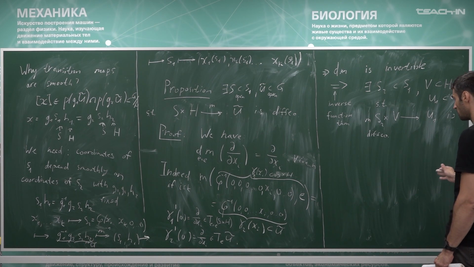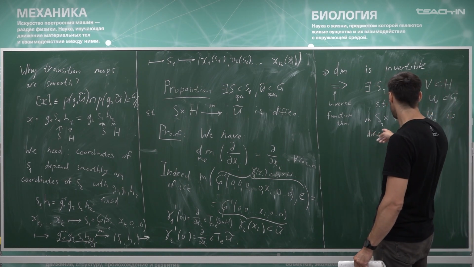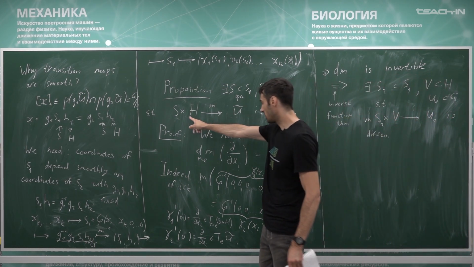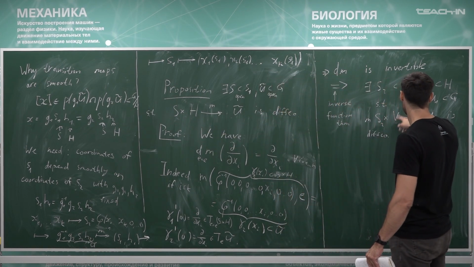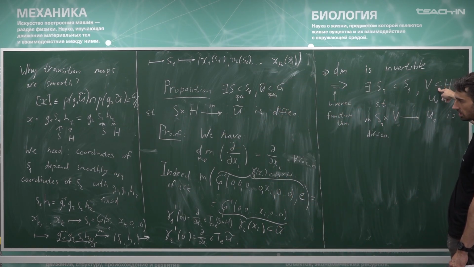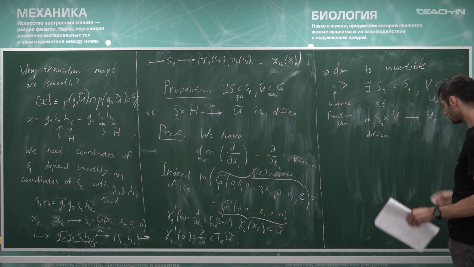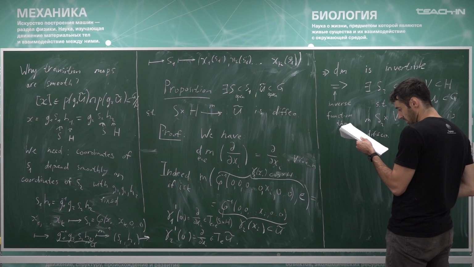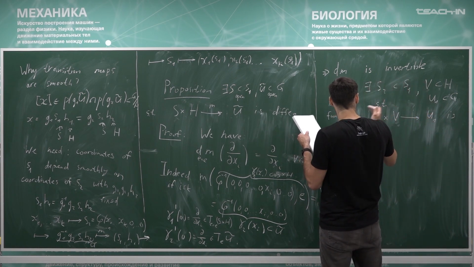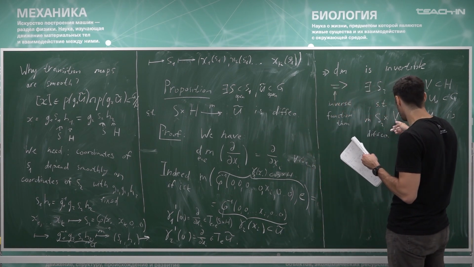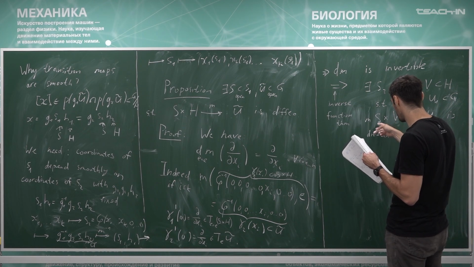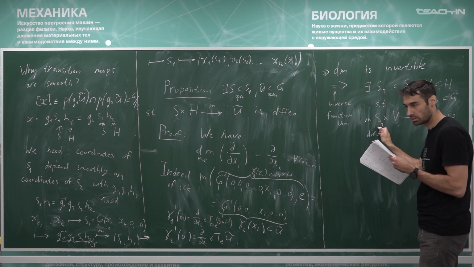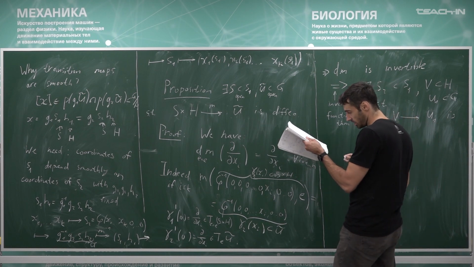Okay, we're moving towards our statement. You see, here I have the whole H, but here is just some open subspace in H. So this statement is stronger than what I have here. So we need to buy the whole H here at the price of shrinking S2 a little bit. So this is the idea.